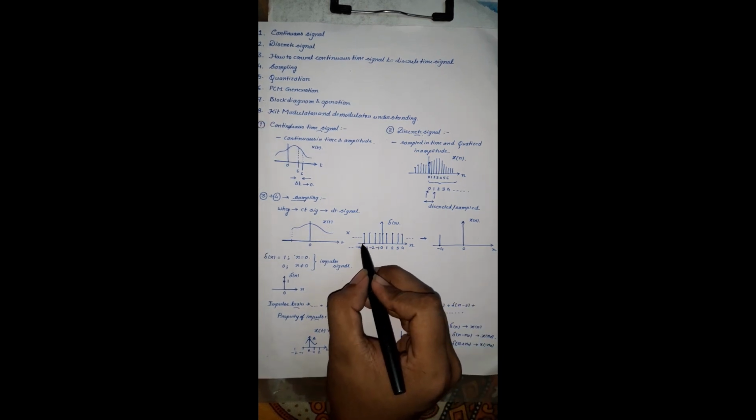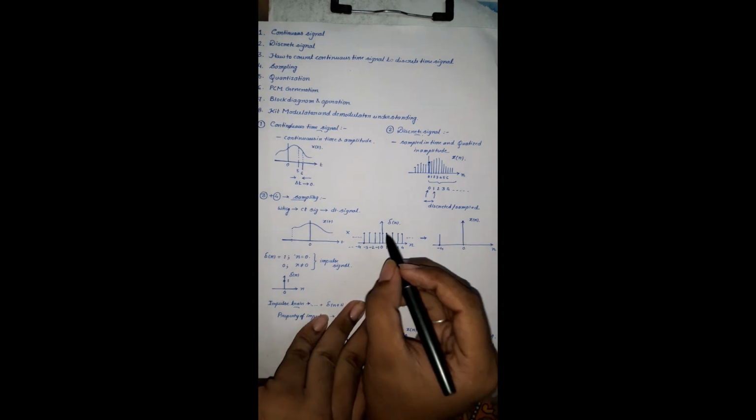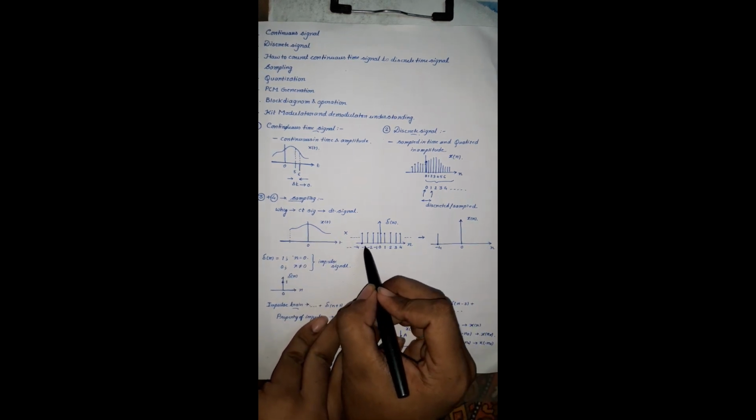Because I have already told you, where the impulse is present, at that position the value of the signal will be the output when that signal is multiplied by a single impulse or an impulse train, whatever. So for this impulse I have found this value. This value is nothing but the value of x(t) at t equal to -4.